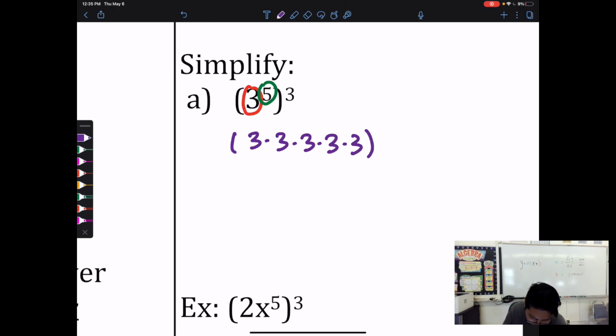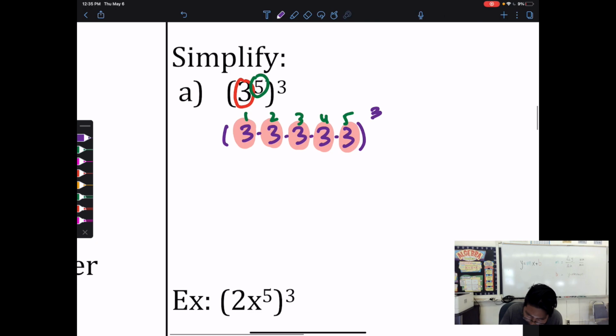You can see that there's 1, 2, 3, 4, 5. And so now we expanded everything inside the parentheses, right? And now we need to go ahead and raise that to the 3rd power.